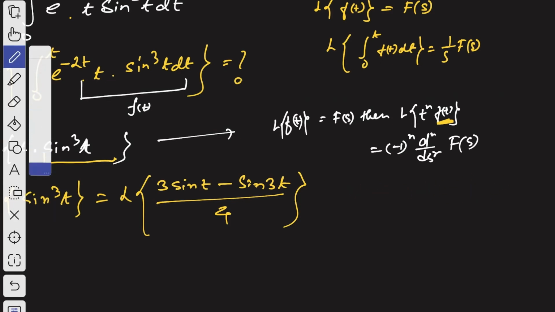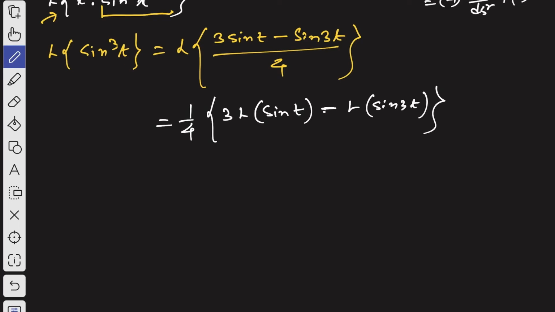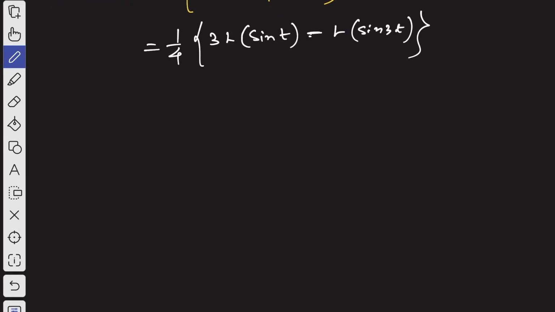Let me clean this. So this can be written as 1 by 4 times 3 into the Laplace transformation of sin t minus the Laplace transformation of sin 3t. Now the Laplace transformation of sin t is 1 by s square plus 1, and that of sin 3t will be 3 by s square plus 3 square, that is 9.